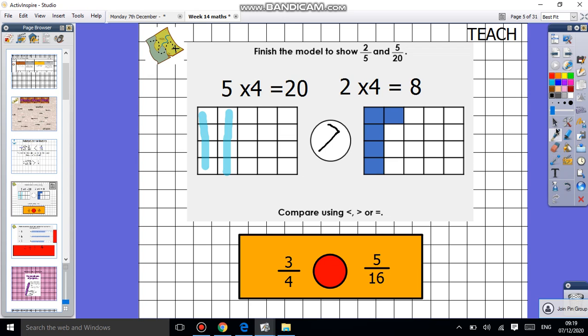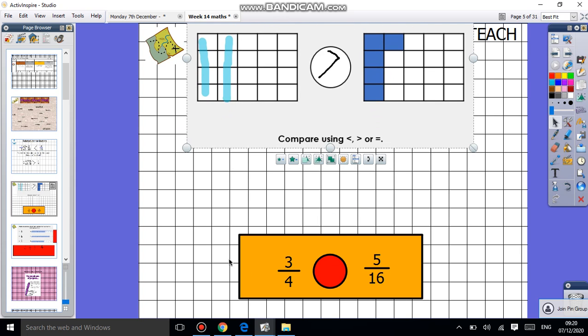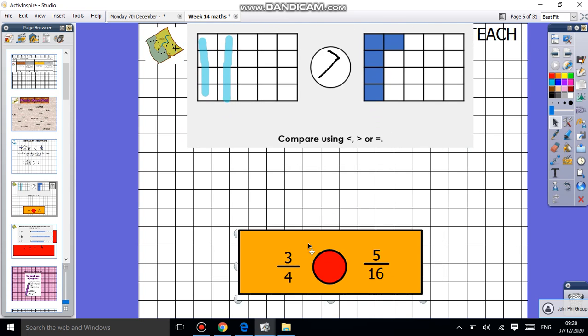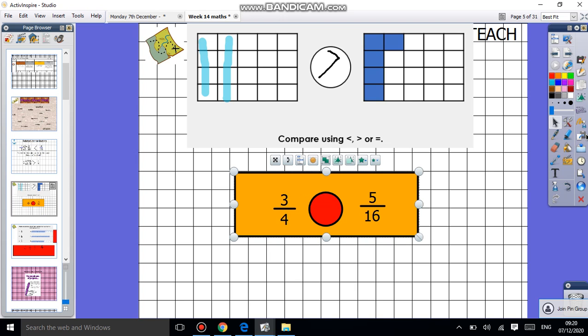We've got the same here. This time without a representation, we've got 3/4 and 5/16. Okay, so 5/16 we don't need to do anything to it because we're going to change 3/4 into 16ths. To do this, I do 4 times 4 gives me 16.